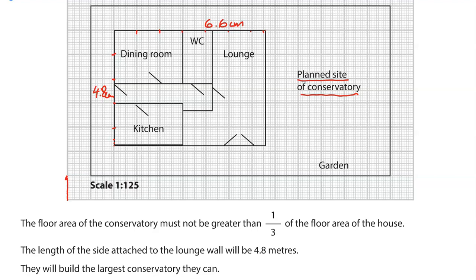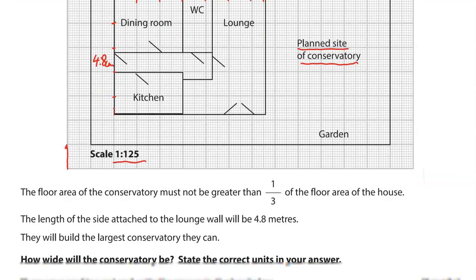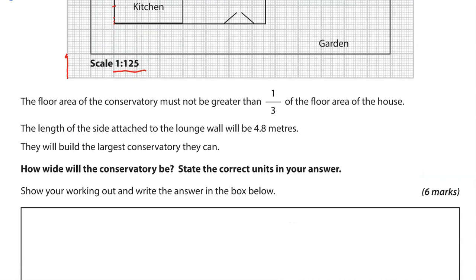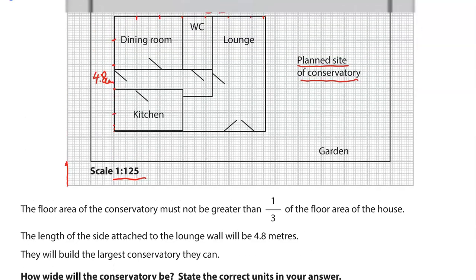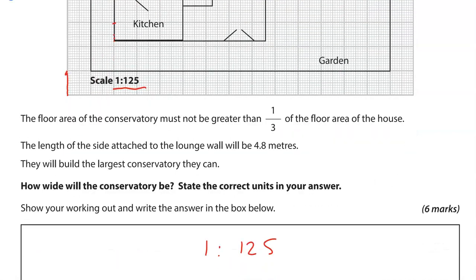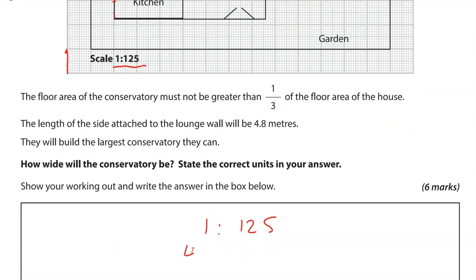Now we're going to use the scale to work out the actual dimensions. So scale says 1 to 125. So if on the scale this is 4.8 centimeters, what is the actual dimension?